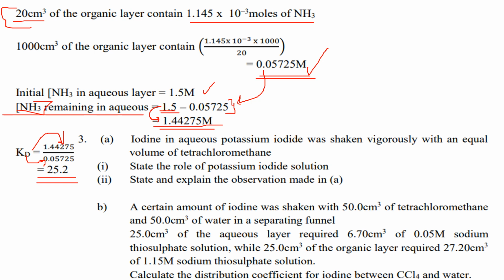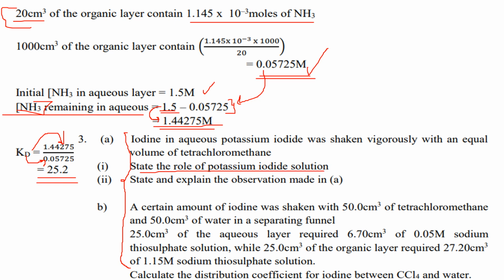And so we are going to the next question. We are going to be looking at Roman number 3, but remember that we are going to use the same idea of answering. We are saying that iodine in aqueous potassium iodide was shaken vigorously with an equal volume of tetrachloromethane. In Roman number 1, we have been told to state the role of potassium iodide solution.